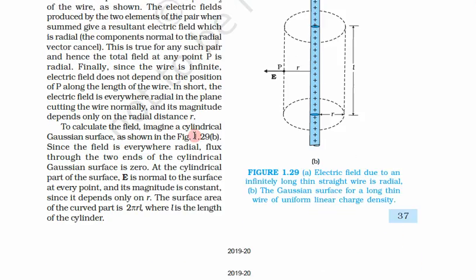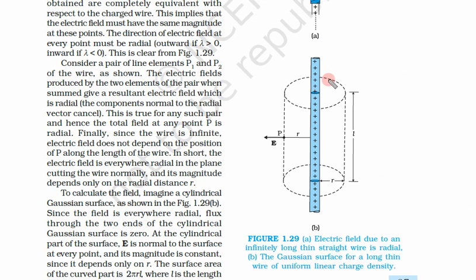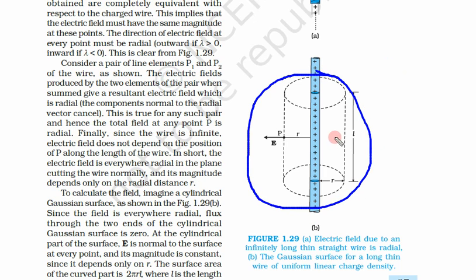So now let us see what has happened. Now, the flux through the Gaussian surface. What is our Gaussian surface? This cylinder is our Gaussian surface. And how much charge is enclosed by this Gaussian surface?